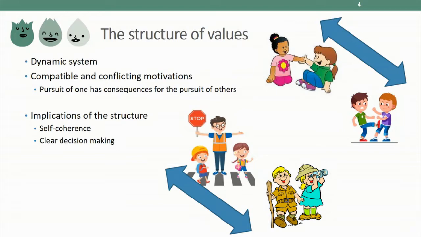So values such as power are likely to be less important to people who value care or value tolerance highly. So there are dynamic associations all the time between the values, with some values enhancing each other and other values hindering each other. This dynamic structure was replicated across multiple samples, across cultures in the world.